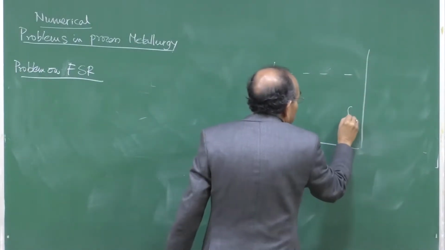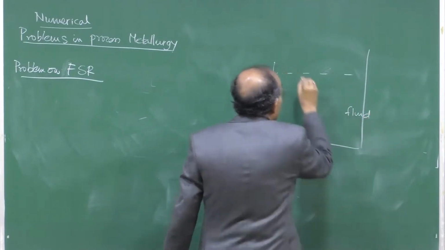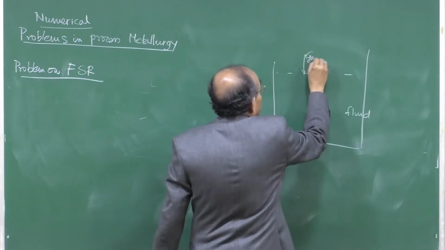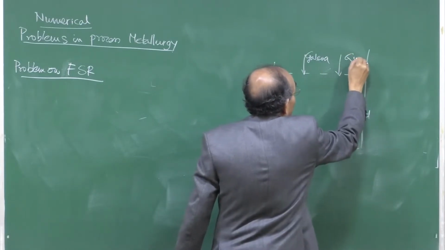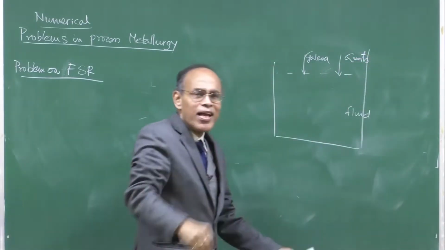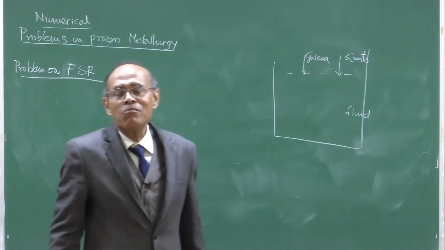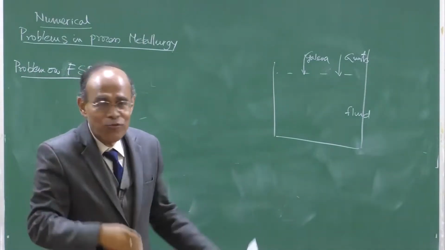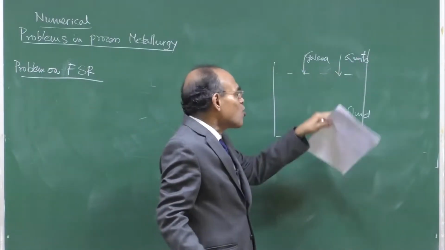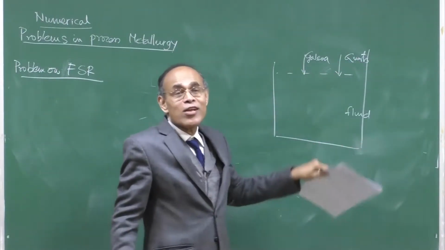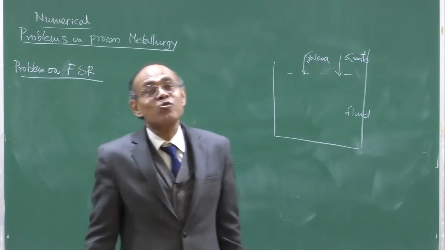It contains a fluid, and I will tell you what the fluid is. Then we put in some galena particles, you know what galena is, and we have quartz particles also, which are intermixed. The volume of the particles added is not comparable to the volume of the fluid, and as a result the free settling approximation applies.